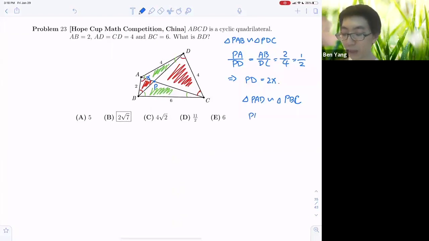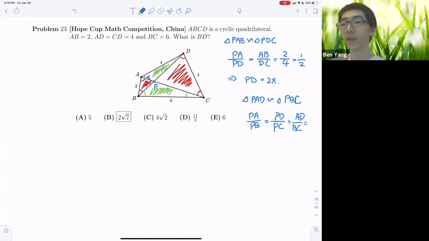We have PA over PB, this is equal to PD over PC, and that's equal to AD over BC. But we know AD is equal to 4, BC is equal to 6, so that's 4 over 6, which is 2 over 3.